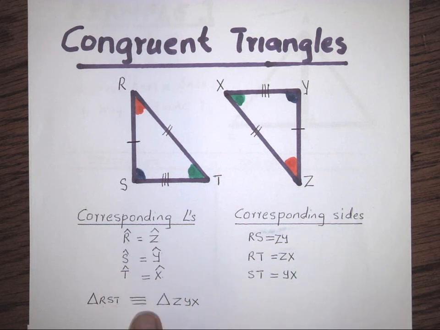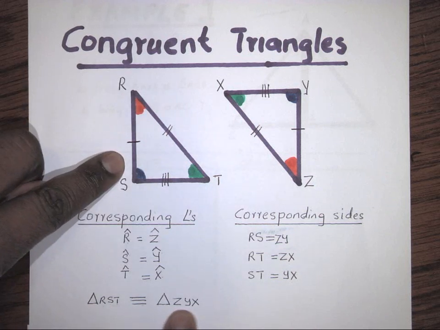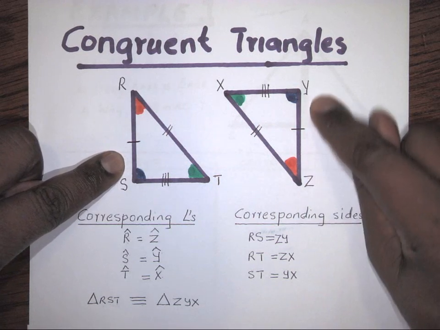Similarly with the sides. If we look at the sides here, RS are the first 2 letters of the triangle, and ZY are the first 2 letters of the triangle. If we look at the congruent triangles, you'll find that RS and ZY are equal. RS, which is this one, and ZY, which is this one, are equal.